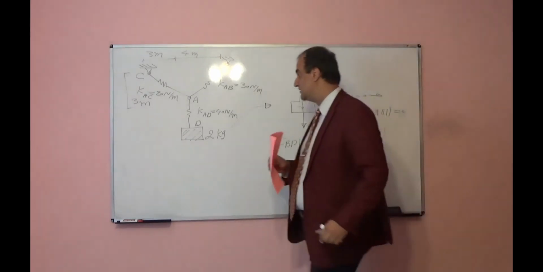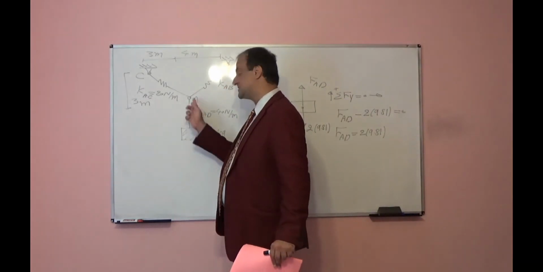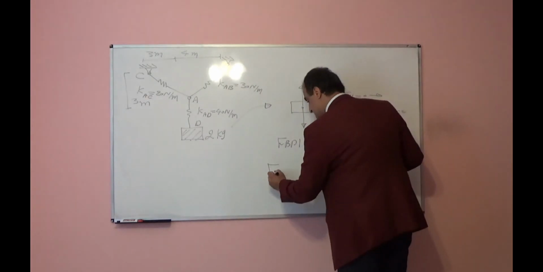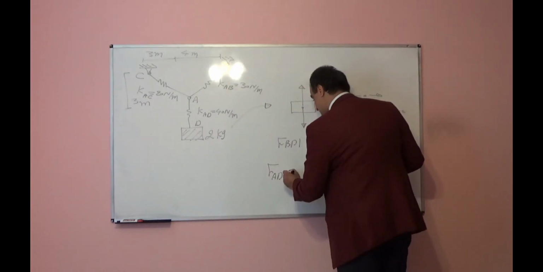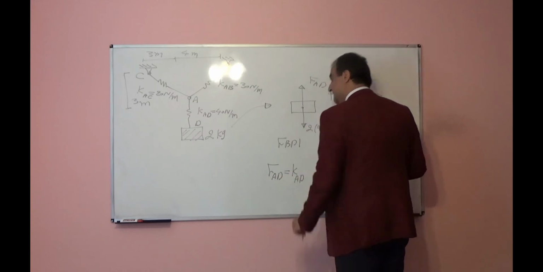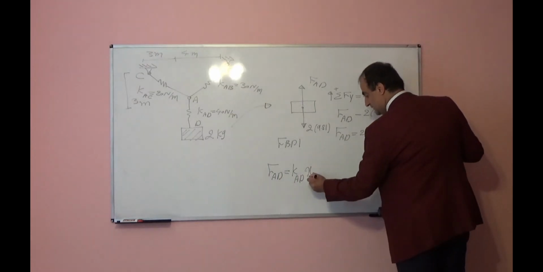So now I know the internal force in this spring. So what is the deformation for this spring? Force AD is equal to the stiffness of spring AD times the deformation of this spring.